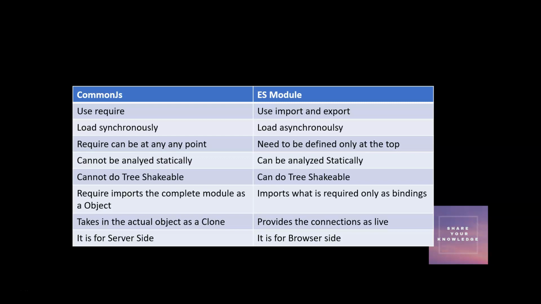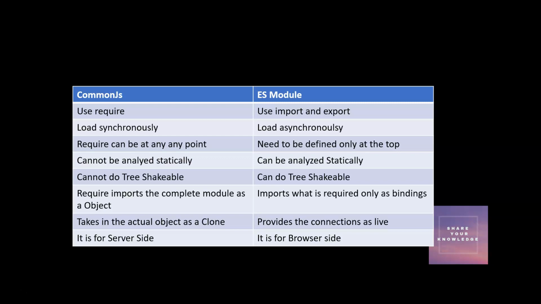The other thing is that require imports the complete module as an object. But in the case of ES module, it imports as a binding, live bindings, so it is possible to analyze statically.